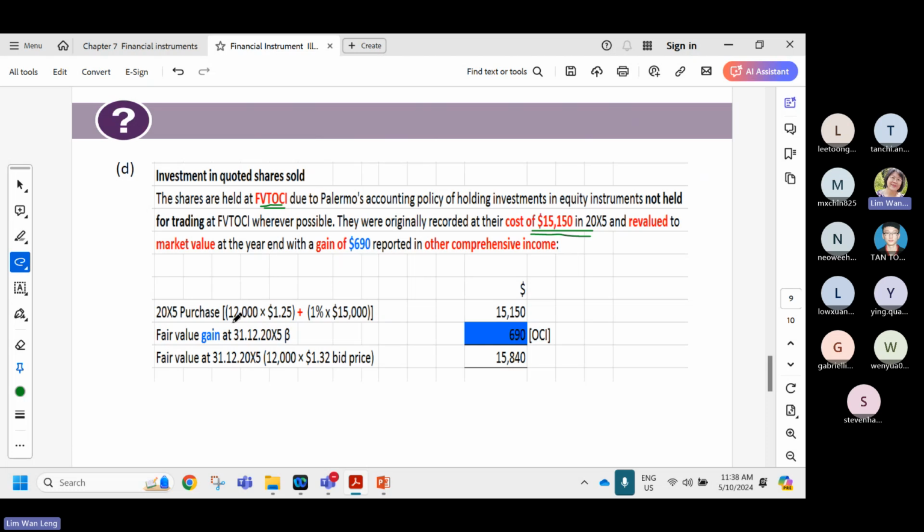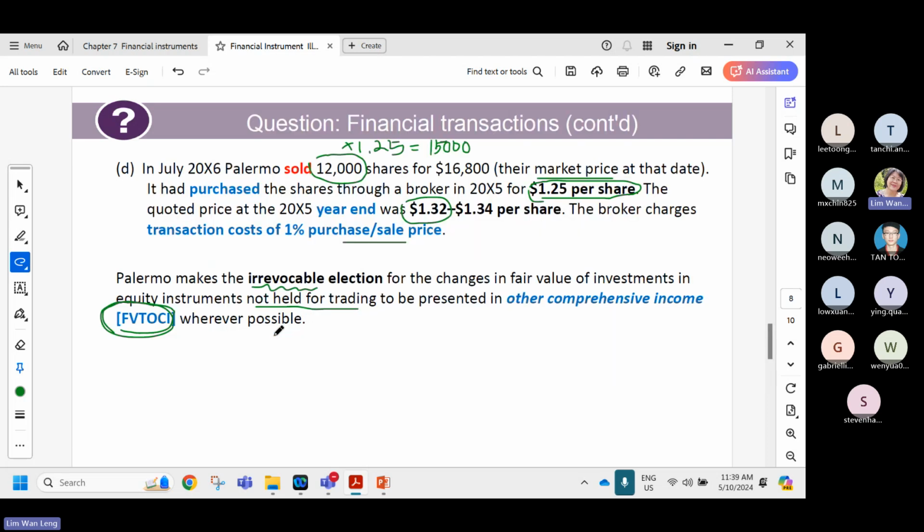How do we get 15,150? Because remember, you purchased that time the 12,000 shares at $1.25, but you have to incur brokerage. Brokerage is at 1%. So 15,000 you spent, but you still need to add on the transaction cost of 150, which is 15,000 times 1%.